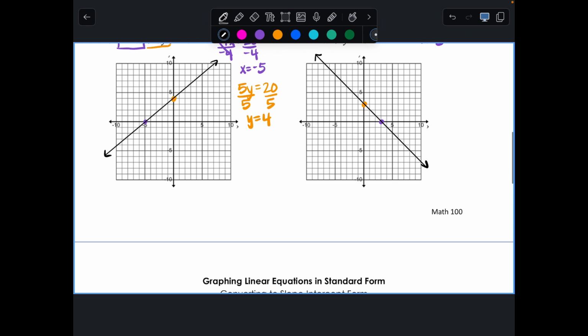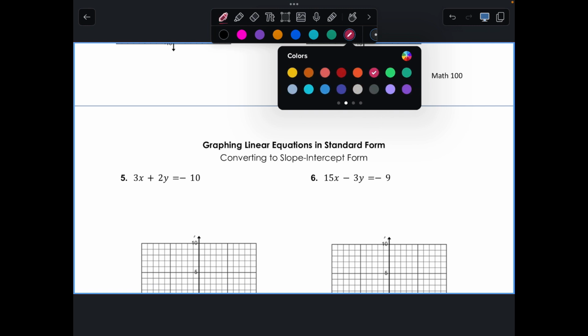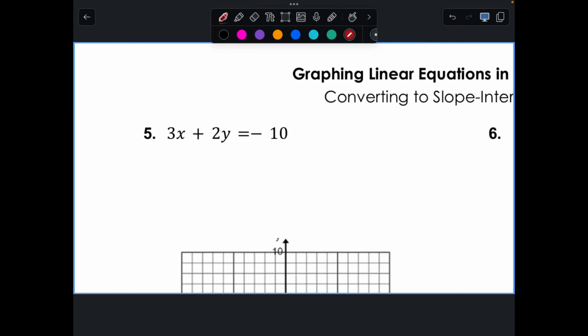That's not always going to work because you won't always have a perfect easy y-intercept that's a whole number. So the other method is to convert it to slope-intercept form, which is just solving the equation for y. You're just trying to isolate y and make it look like the form y equals mx plus b. So for number 5, if I'm trying to isolate y, the first thing I want to do is subtract 3x.